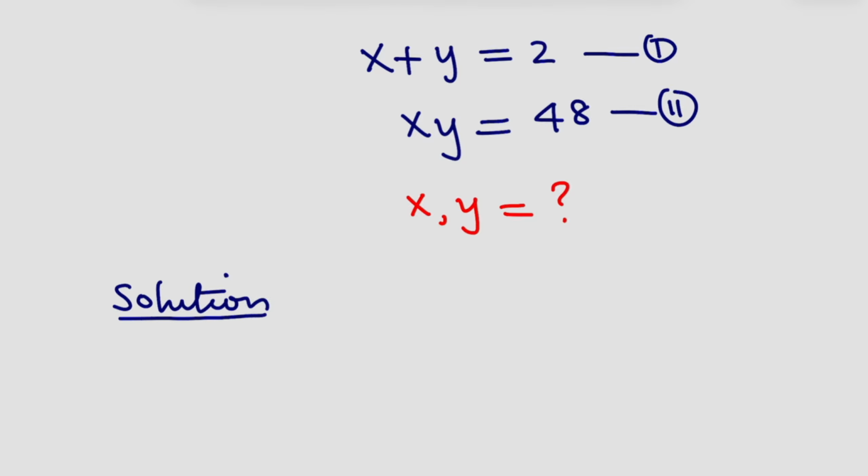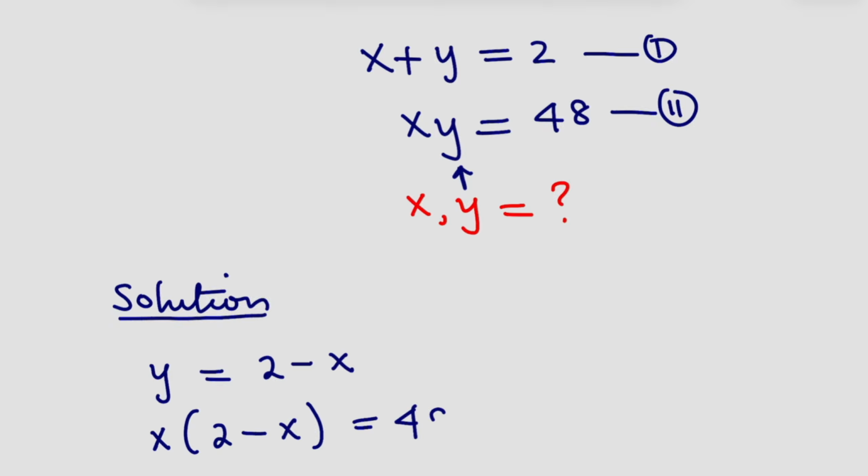From the first equation, x plus y equals 2, I can make y the subject of the formula to get 2 minus x. And then into equation 2, I can substitute the new value of y to get x times (2 minus x) is equal to 48.